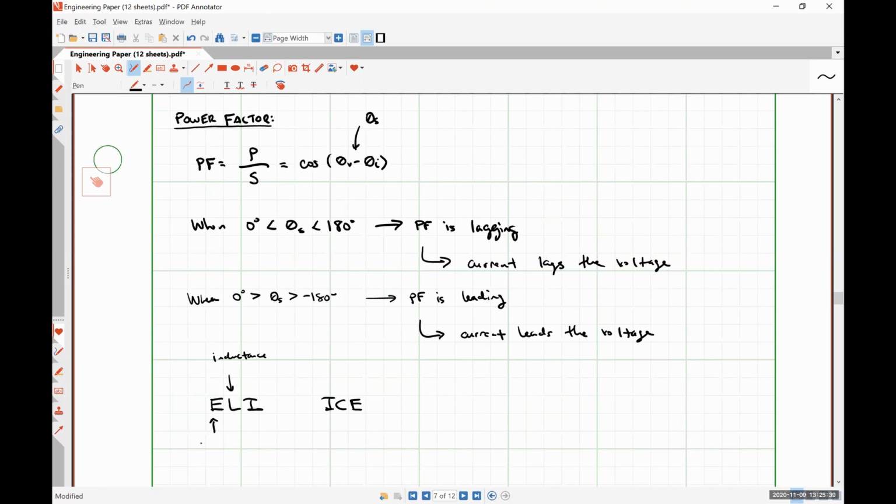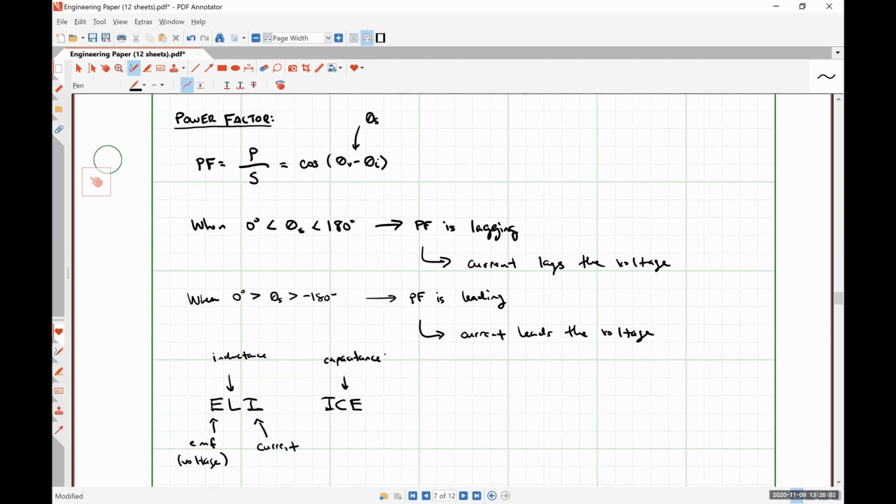E is electromotive force, which is just a fancy physics word for voltage. And I is current. And in our second relationship, ICE, C is representative of capacitance.